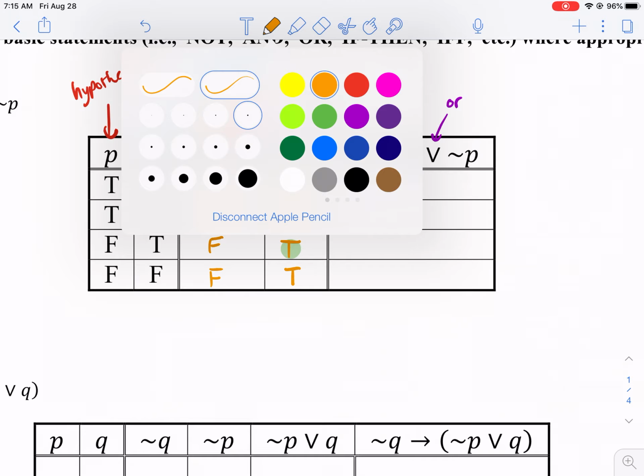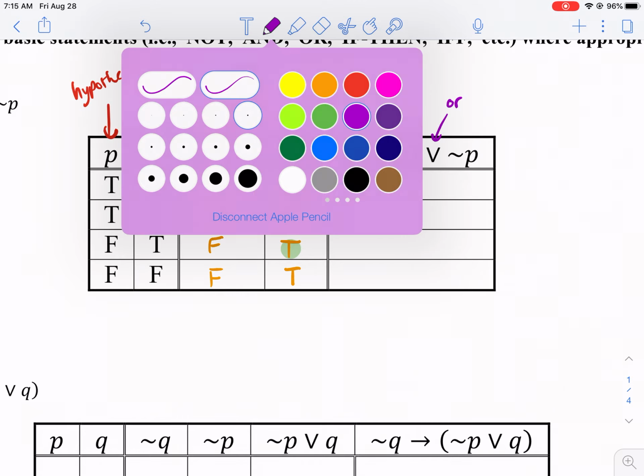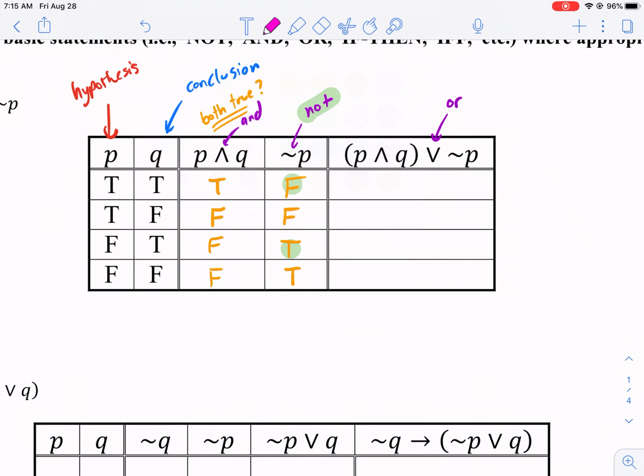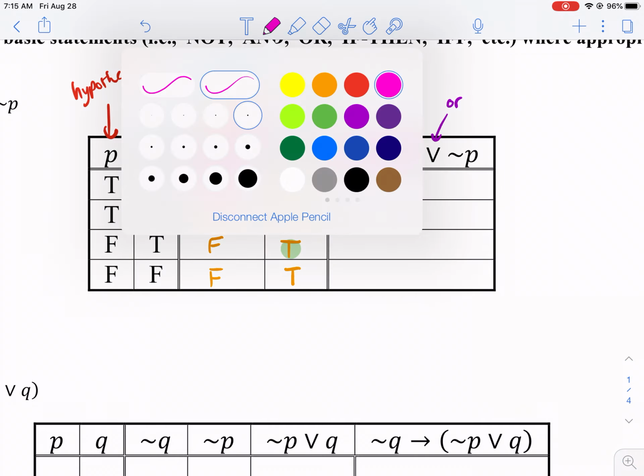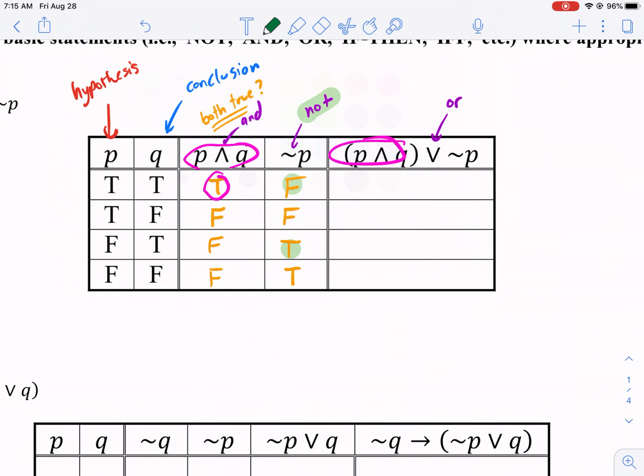Okay. So is P and Q, that's this one, true? Or, let me use a different color again, let's use dark green, is this negation of P true? So just one of those needs to be true.